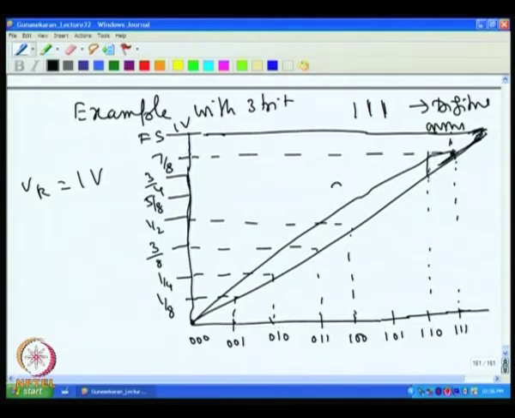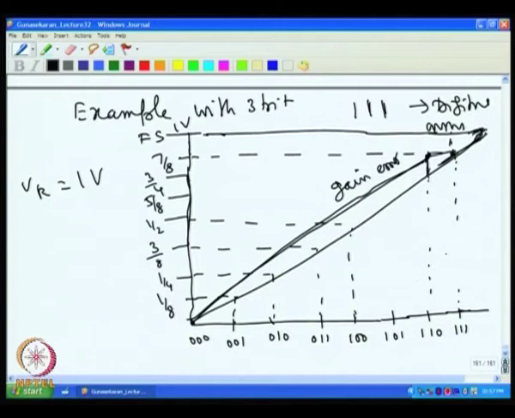Instead of reaching the ideal point at 1 1 1, it is supposed to meet here, but it has met at this point only. So, you have a gain error, because you will get a full scale voltage, which is 1 volt, at 1 1 1 itself instead of 7 by 8.